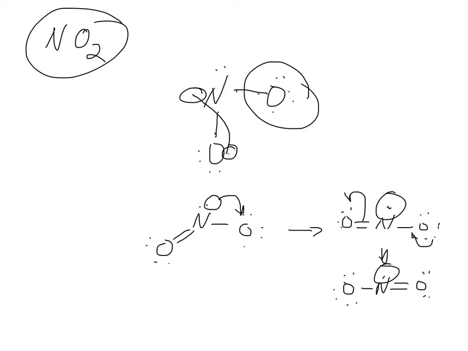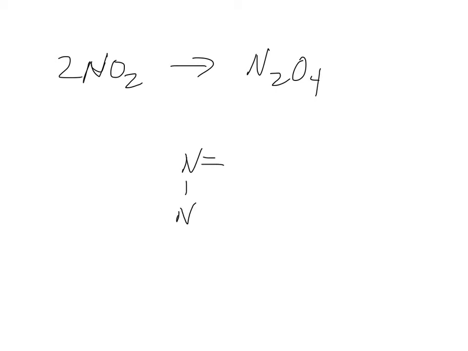So what ends up happening is NO2s are going to react together to form N2O4. What would N2O4 look like? How many resonance structures can I get out of this guy?